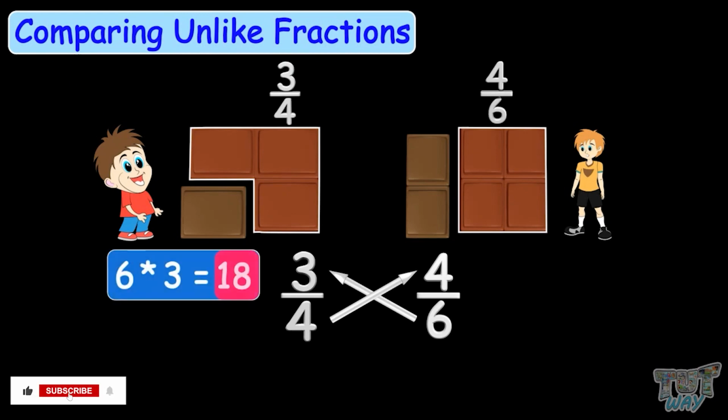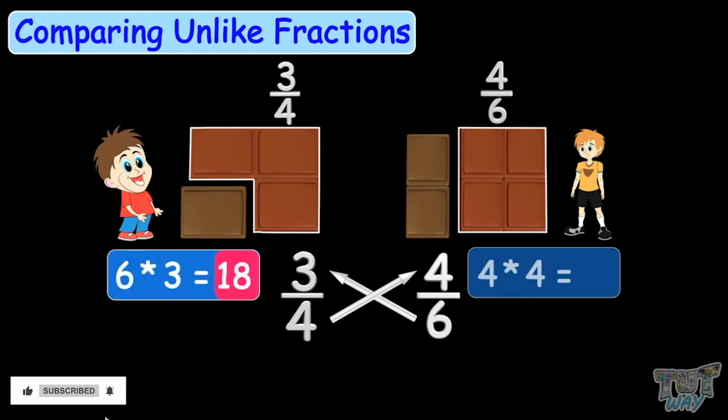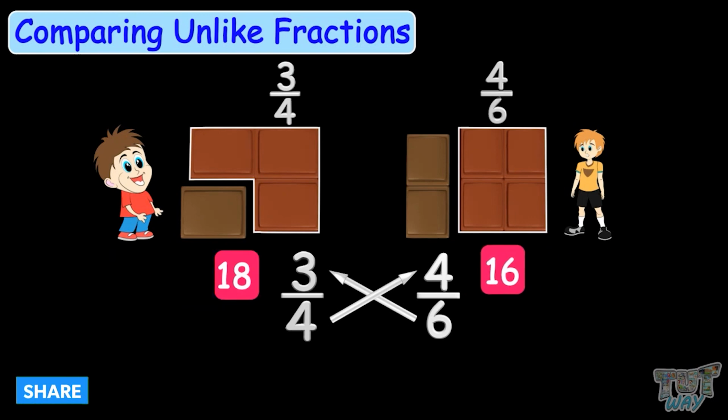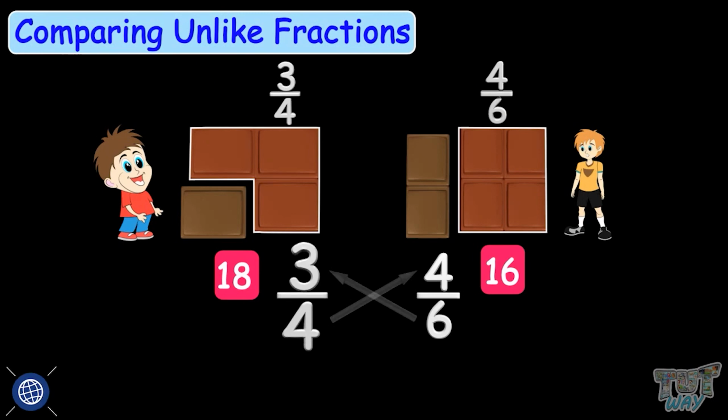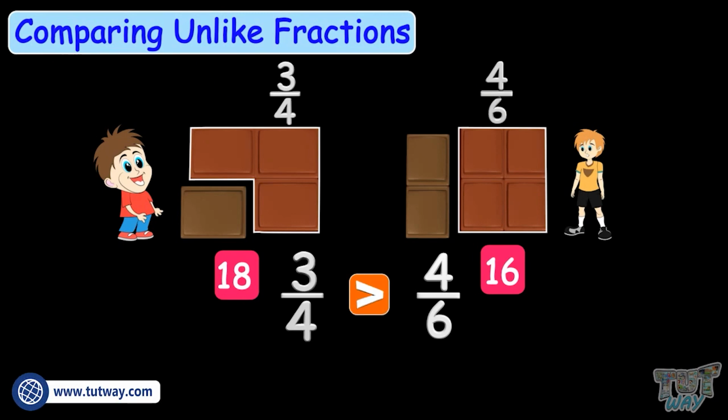Write the product here. Multiply 4 by 4 and write the product here. You get the bigger product, that is 18, on this side. That is 3 by 4. So this fraction is bigger. 3 by 4 is bigger than 4 by 6.